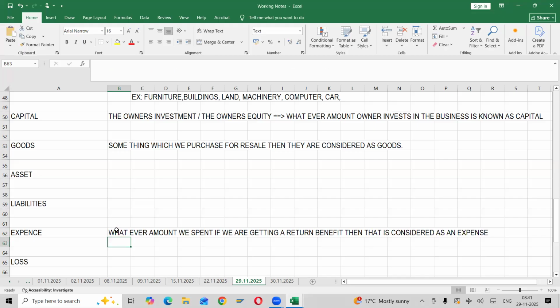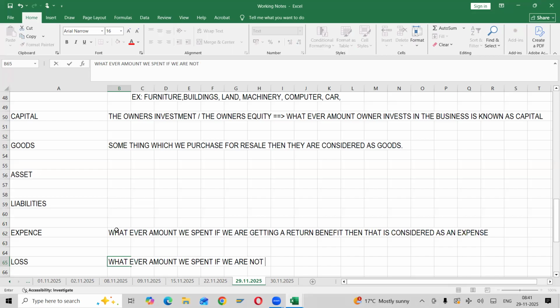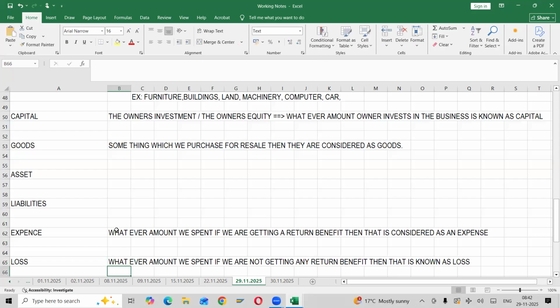In other words, whatever amount we spent, if we are not getting any return benefit, then that is known as loss.